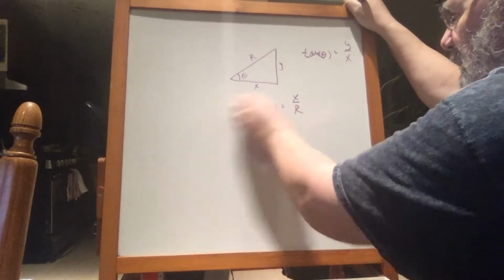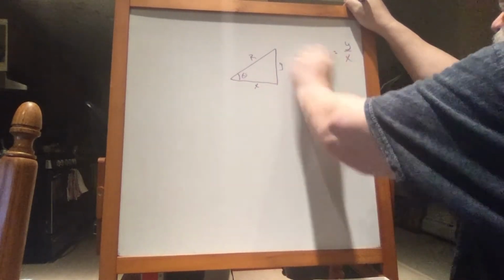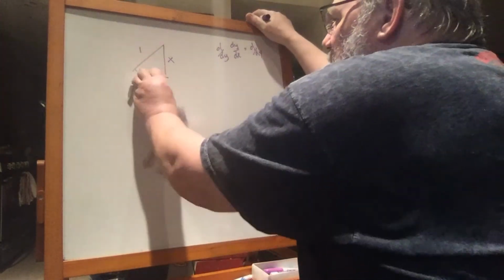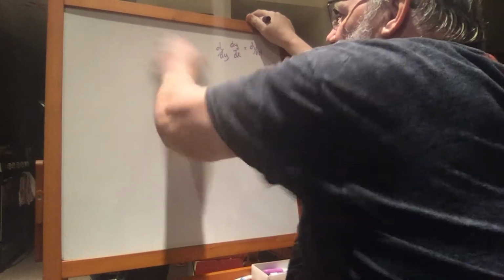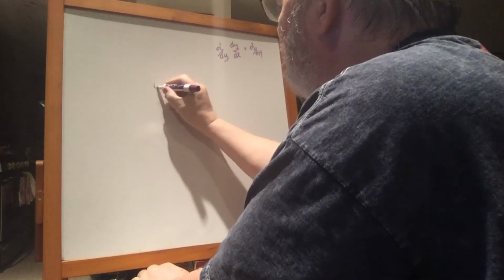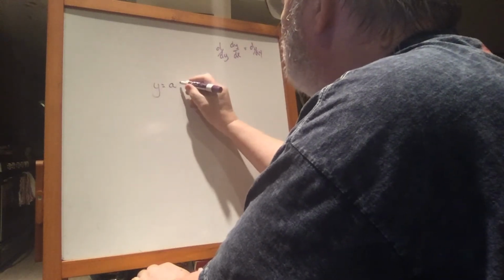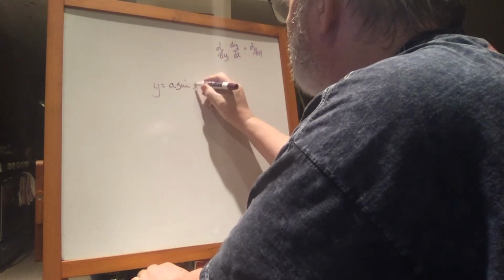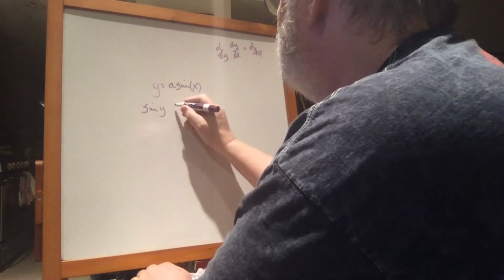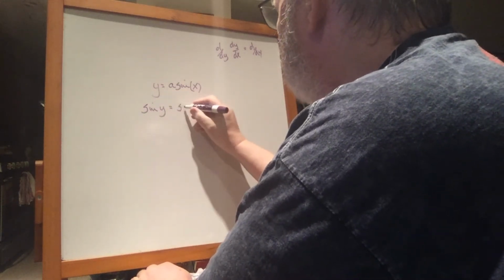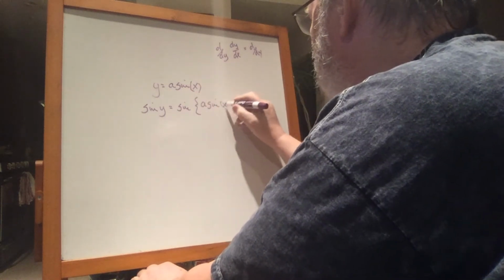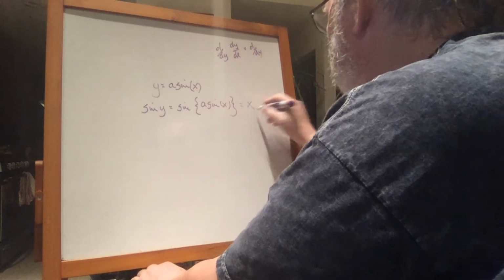Now let's take a look at some of the derivatives of these. Okay, so we're going to start on the arc sines. Let's start out with y equals the arc sine of x. So if we take the sine of y, that equals the sine of the arc sine of x, which equals x.